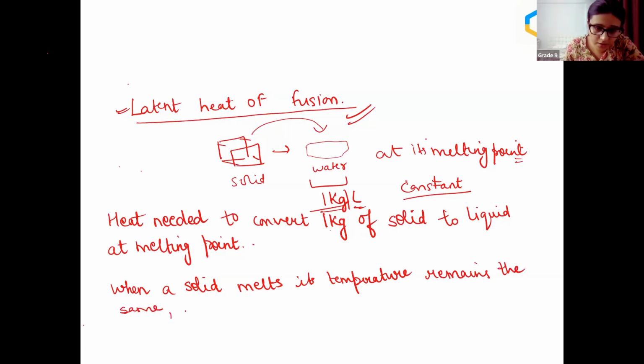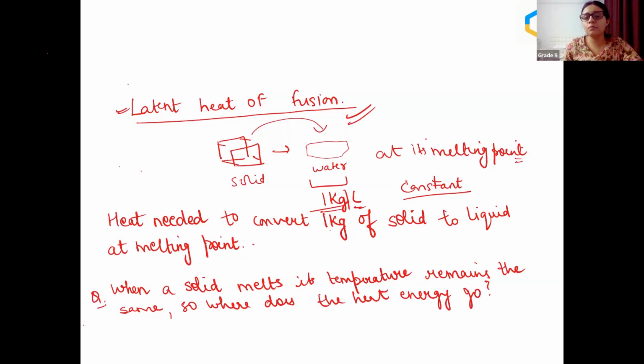So where does the heat energy go? This is the type of question that you might see in your textbook. First of all, you just need to mention the heat which is provided is known as latent heat of fusion. So this question demands that you mention latent heat of fusion anywhere in the answer.